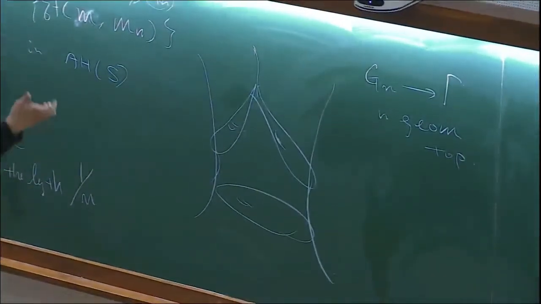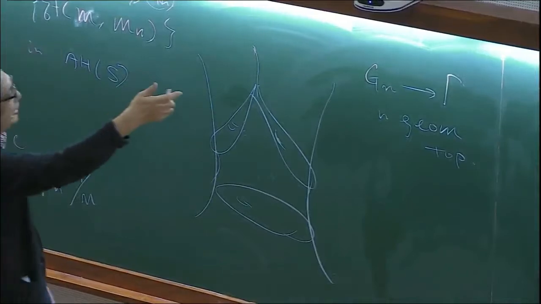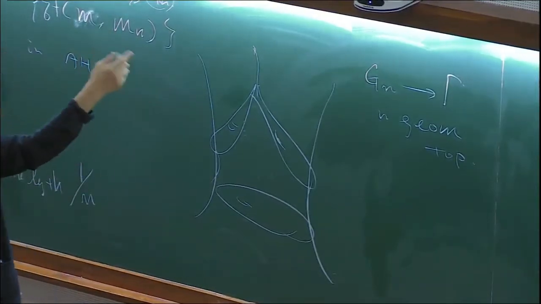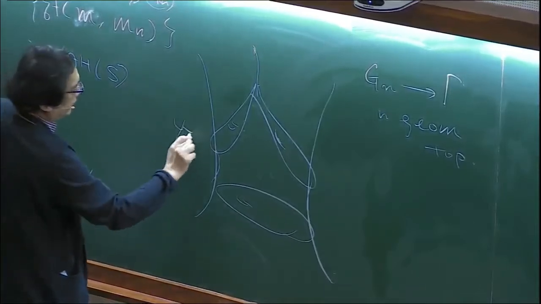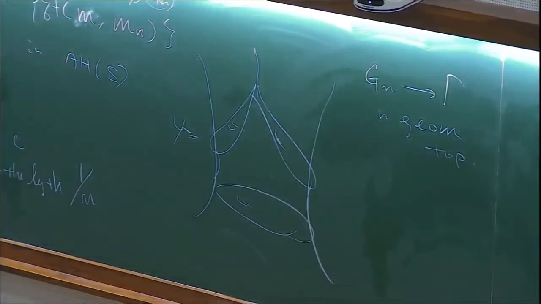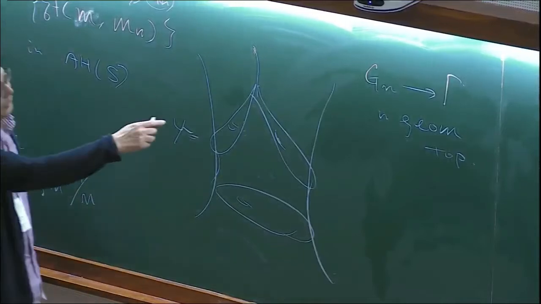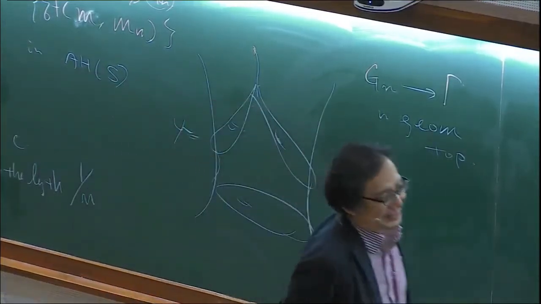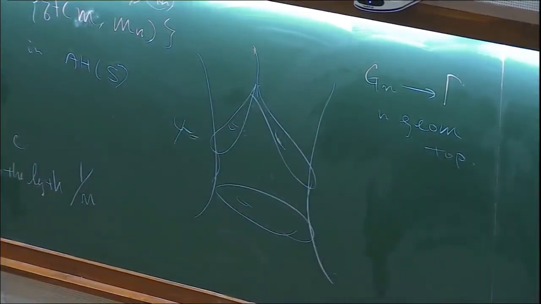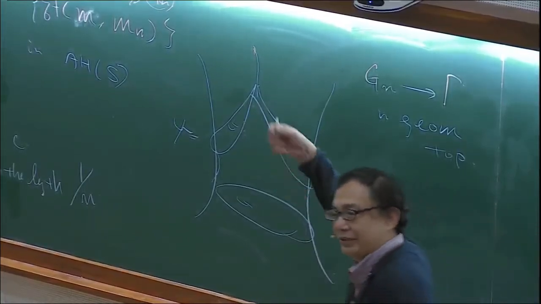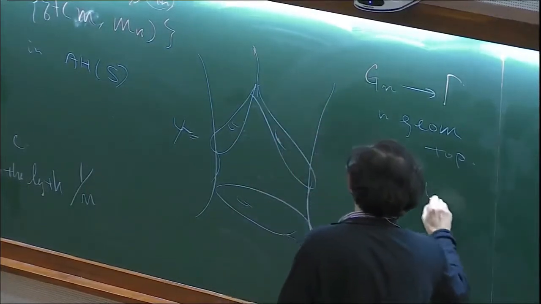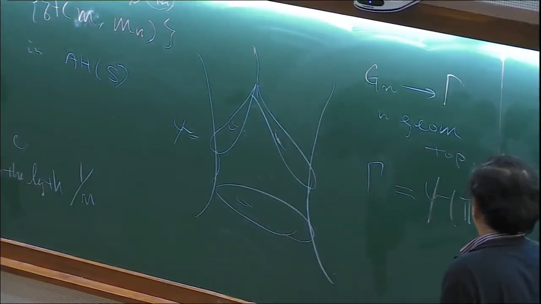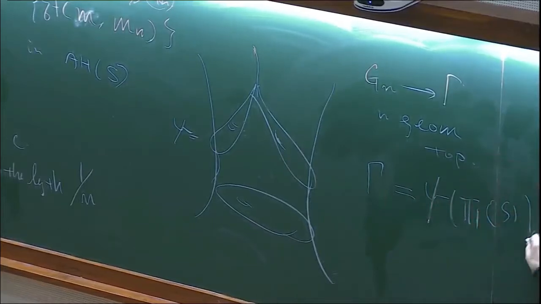And as I said, gamma contains the algebraic limit, which I used the symbol psi for in the previous talk, the psi of pi 1 of S, as a subgroup. So gamma is an extension of the algebraic limit in general. But in this example of pinching, actually gamma is equal to the algebraic limit.